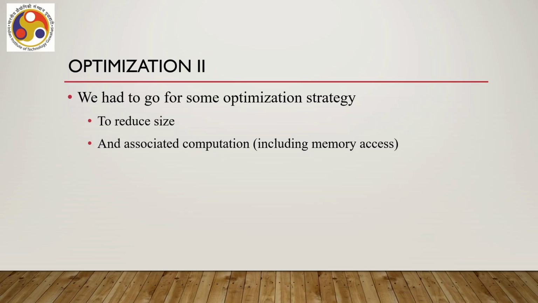However, in order to do that, we had to go for some optimization strategy, because the size is more than what smartphones typically support, and the associated computation also. Typically average smartphones do not support such a high amount of computation. So, we had to go for some other optimization strategy.